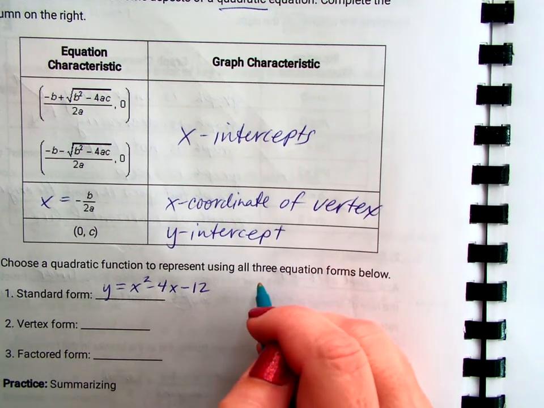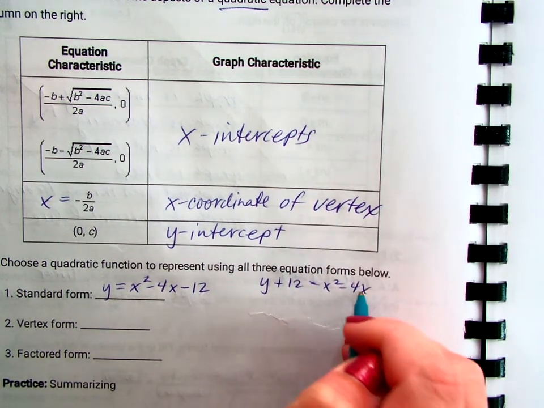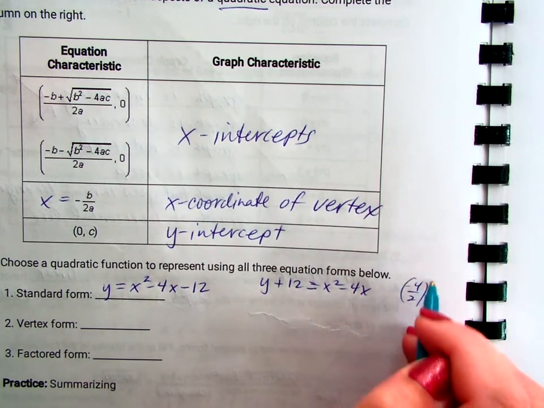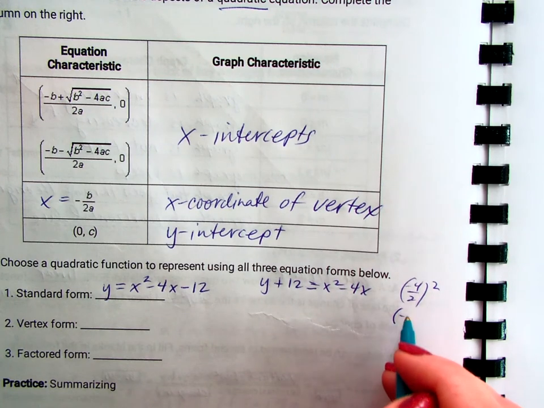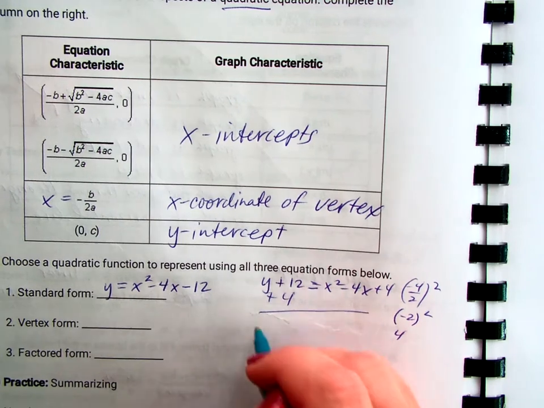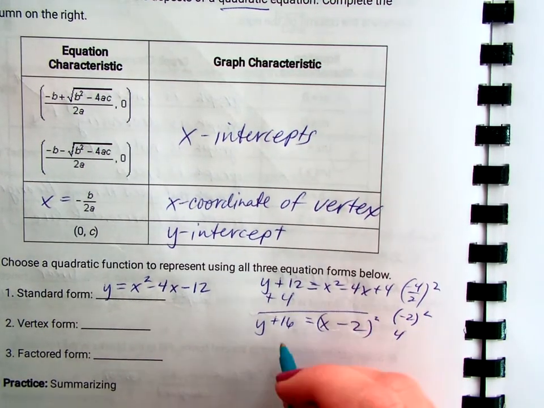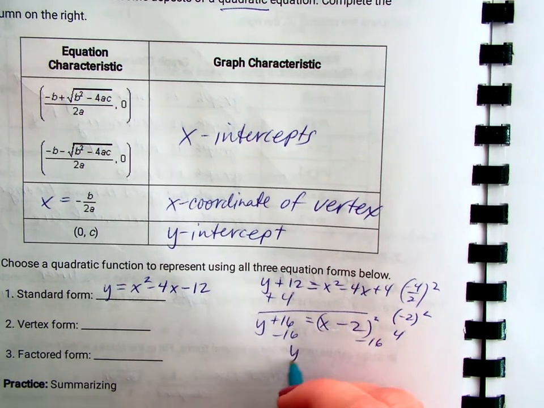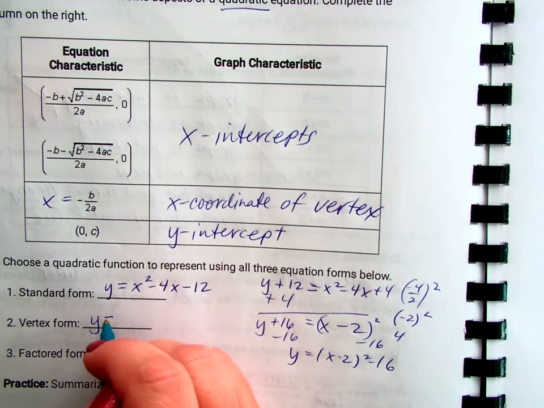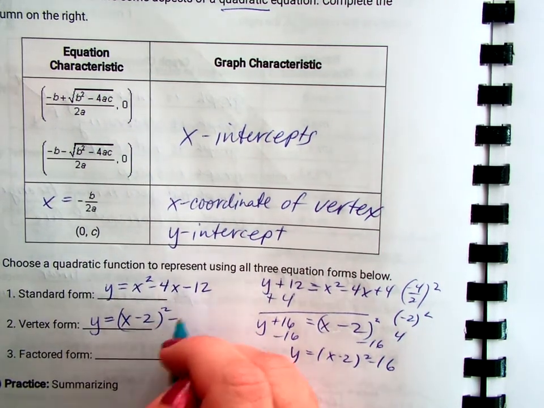Remember that we can move the constant, do the b work, add that 4 to both sides, and then move the constant again. So my vertex form is y equals (x minus 2) squared minus 16.